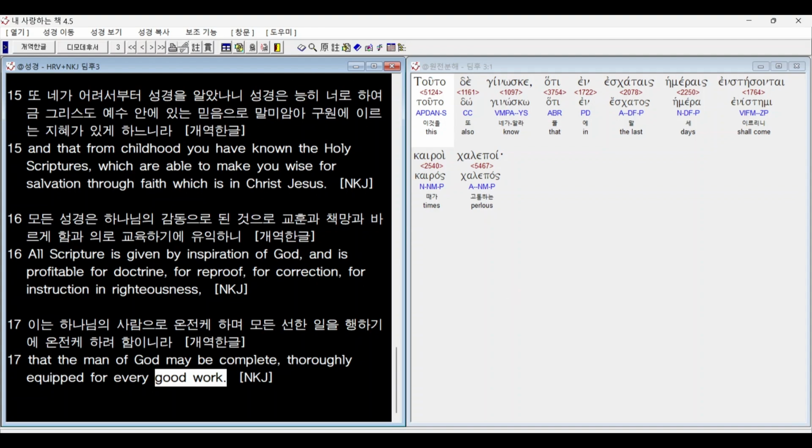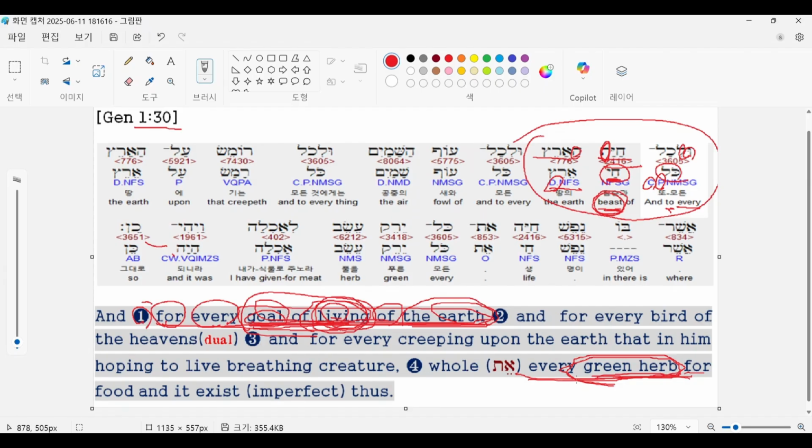So the 6th day is like this. Am I going to eat which food? But Genesis 1:30 is the one, goal of living of the earth. They were remaining in the earth instead of remaining in the heaven. And their food is the green herb. Next class, we are going to study from number 2.